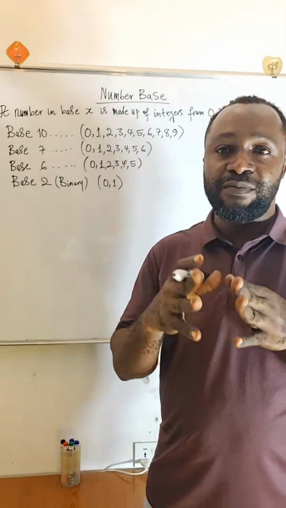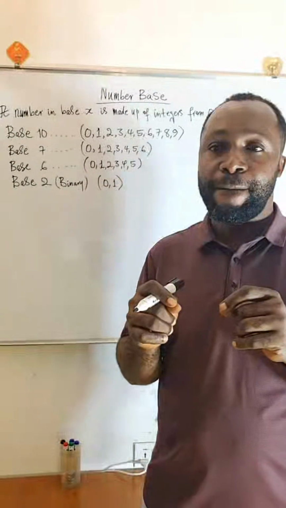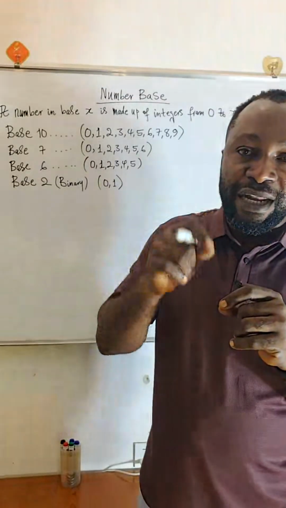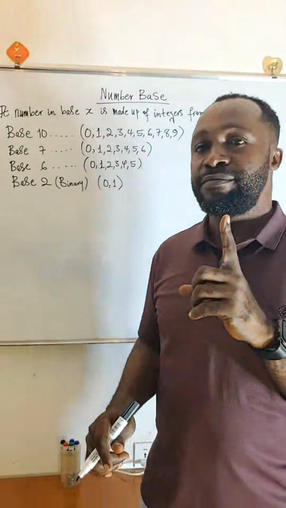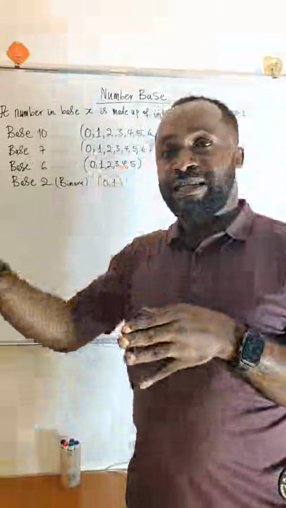Anytime you are working with a particular number base, you can only have a number less than the base by 1. The highest digit of any number base is always 1 less than the base.